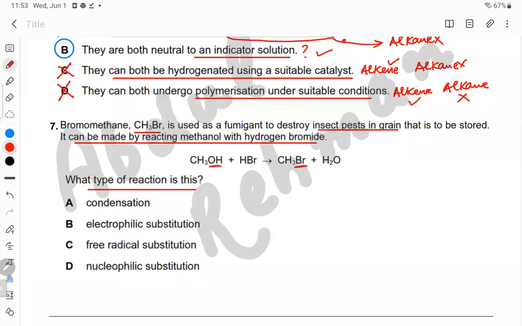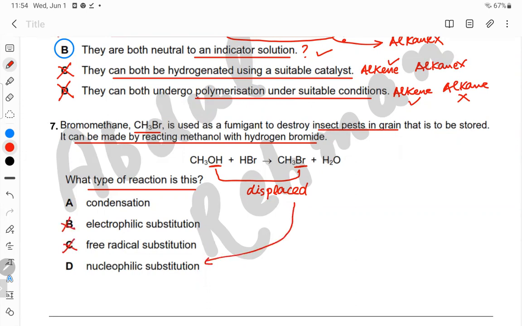When the OH of an alcohol is displaced, see, the OH is displaced. Yes, alcohol. Free radical substitution is only done in alkanes, when H is displaced. Yes, Sarah. Yes, Hamna. Yes, Halima. Very good. Whenever the OH of an alcohol is displaced, then it is nucleophilic substitution.